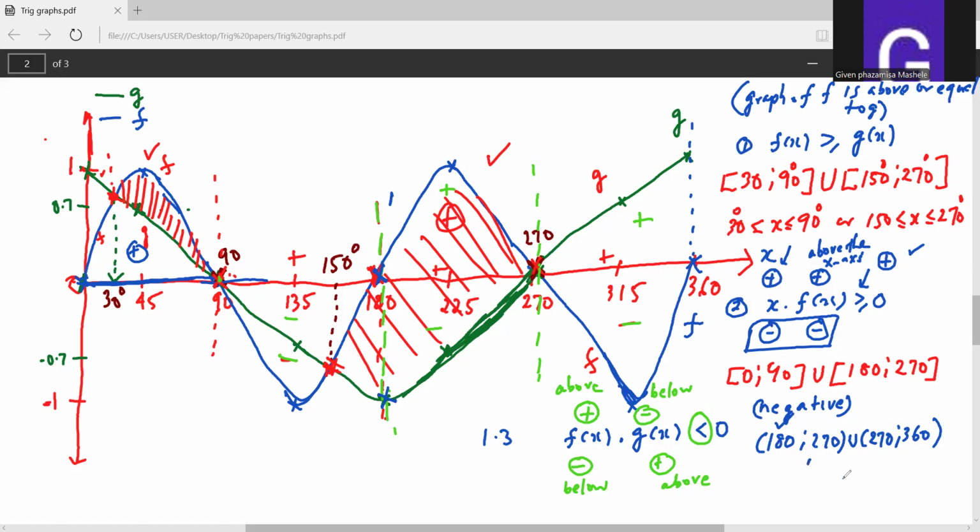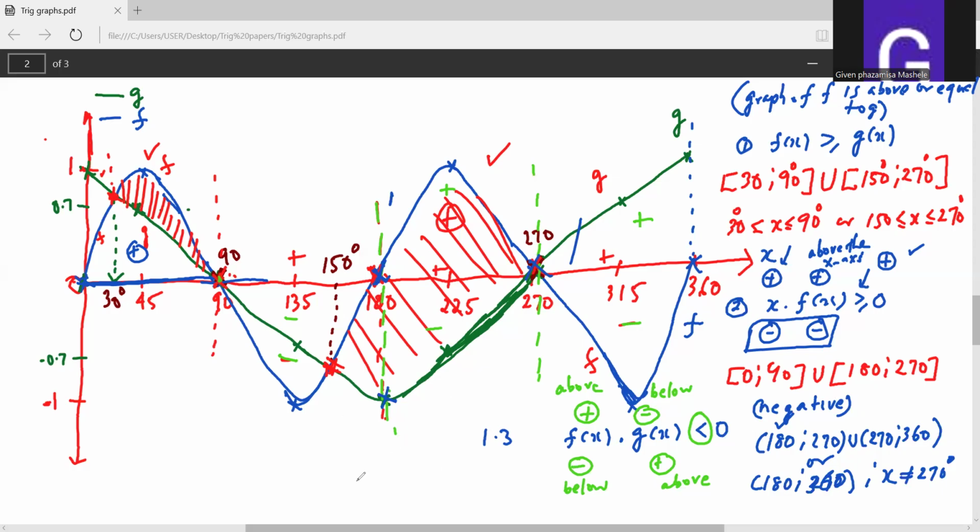Or if you don't want to do that, we can say straight from 180 to, no, to 360, I apologize. From 180 straight to 360, but we have to include that x must not be equal to 270 degrees. So we're excluding where they're actually equal.